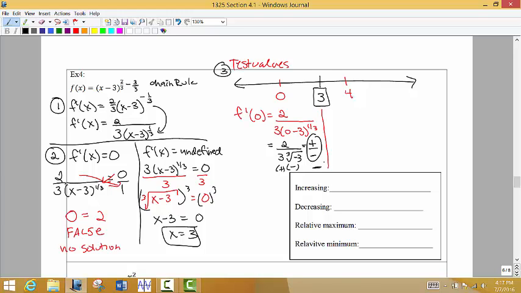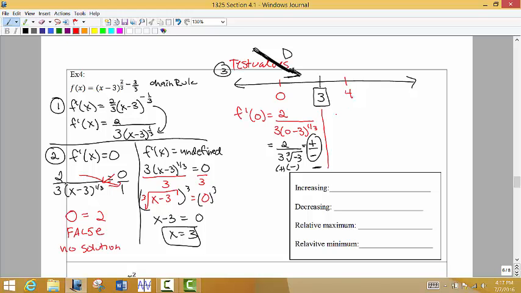We get a negative value. So you can do that in your calculator to find out it's negative whatever number it is, or you could just deduce from this that it's going to be a negative number regardless of what the actual number is. All we really care about is whether it is positive or negative. So it's decreasing, which I'm going to draw as a little line going downhill from left to right for the interval to the left of 3.